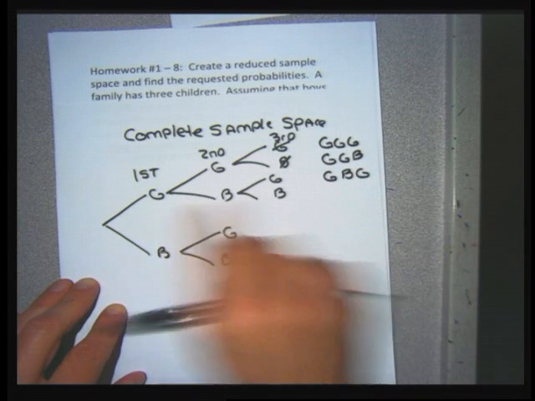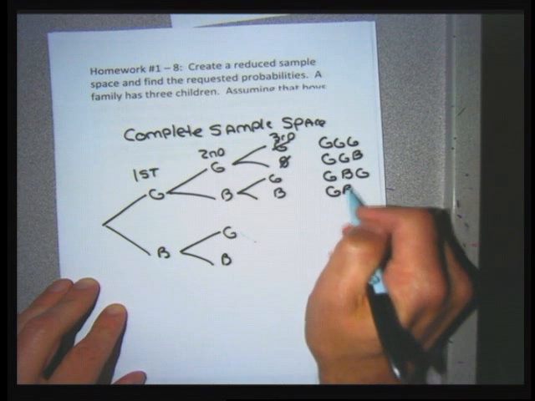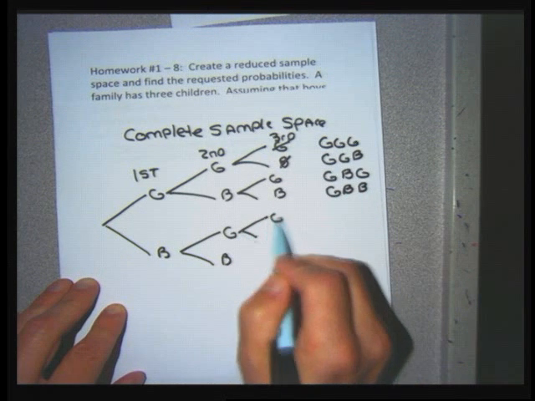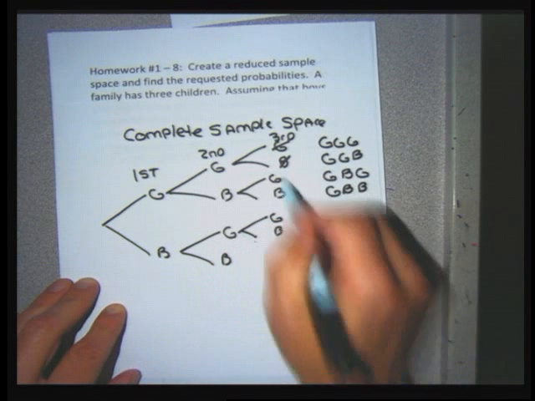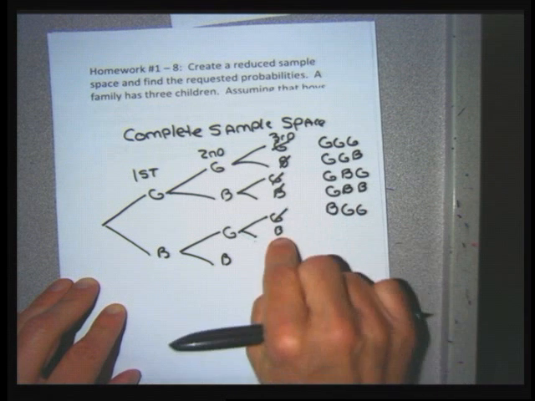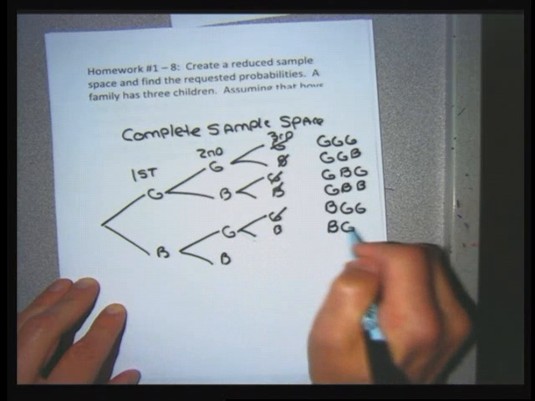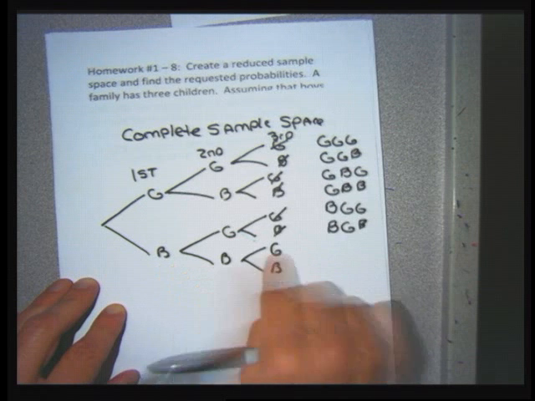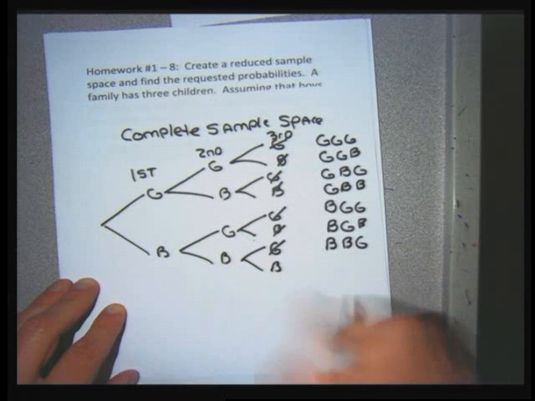To get to this one, it's girl first, boy second, boy third. Extend this one. It's going to be boy first, girl second, girl third. To get to this one, it's boy first, girl second, boy third. Extend this one. This is boy, boy, girl. And then boy, boy, boy.